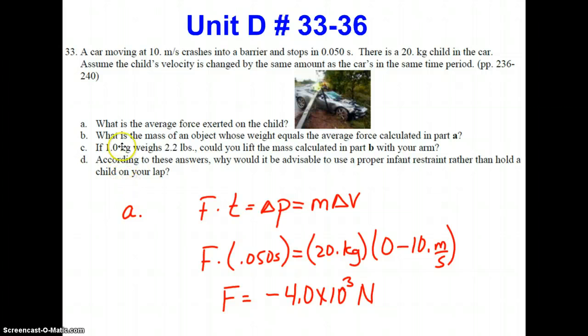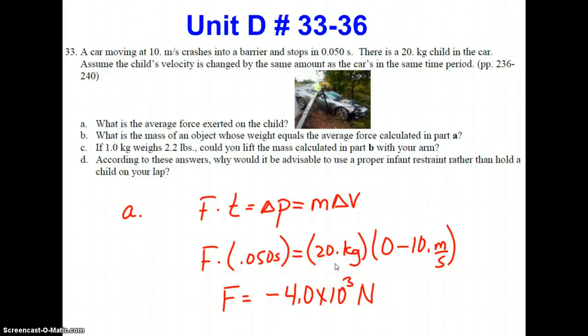All right, so for A, what was the average force exerted on the child? We're going to use the impulse momentum theorem here, where the impulse, F times t, causes a change in momentum, and that momentum is caused by a change in velocity. So F times t equals m delta v. Substituting in what we know, we're looking for F. Our time is 0.050 seconds.